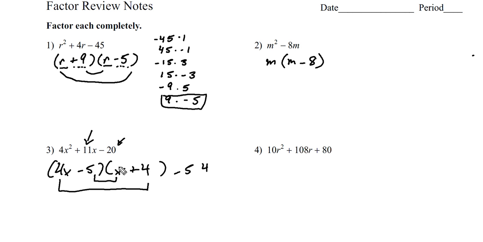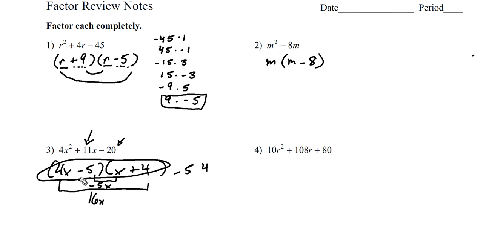And let's actually figure out what that is. So if we multiply 4 times 4x, that'll give us 16x. And then negative 5 times x would give us negative 5x. And hey, that does add up to be 11x. So this is the combo. This is the solution here. We have the quantity 4x minus 5 times the quantity x plus 4.